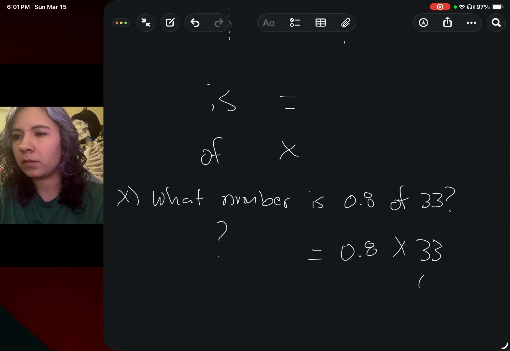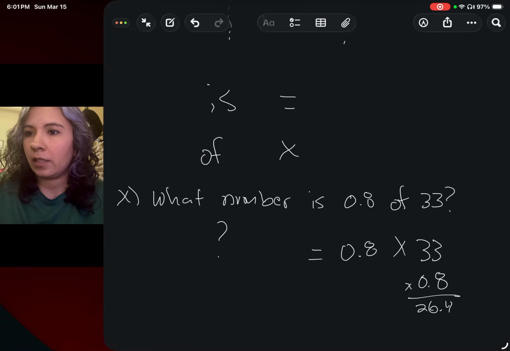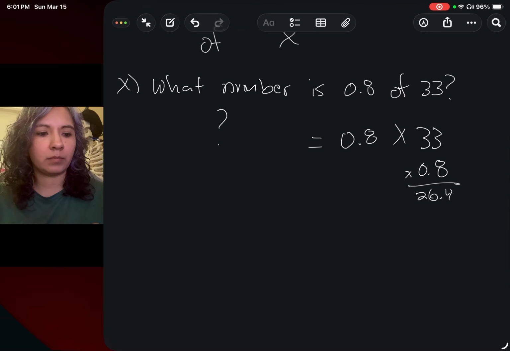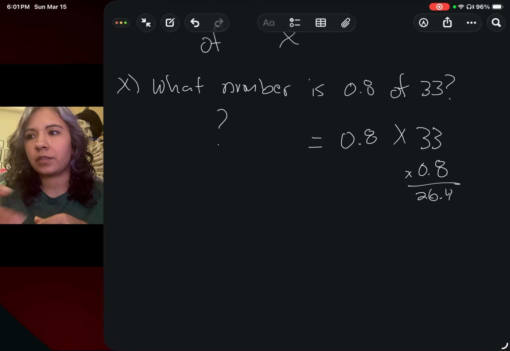So whenever you multiply that out, you get 26.4. So that's simple enough.